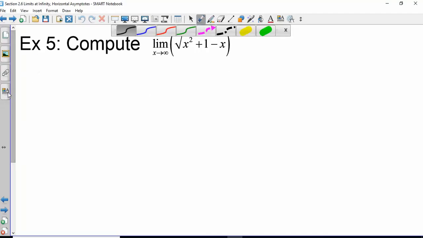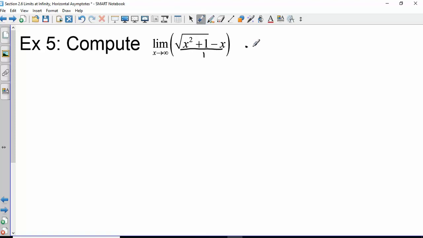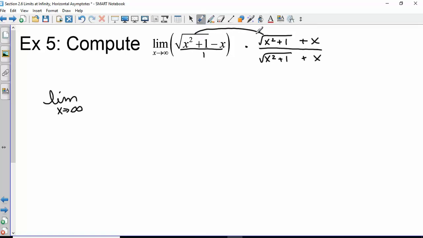So, think back to other problems we've done. When we had radicals, what is a strategy we have, what have we done? Yes. So think of that as over 1. And we are going to multiply by the conjugate on the top and the bottom. So if I FOIL the top, square root times the square root, that radical drops.